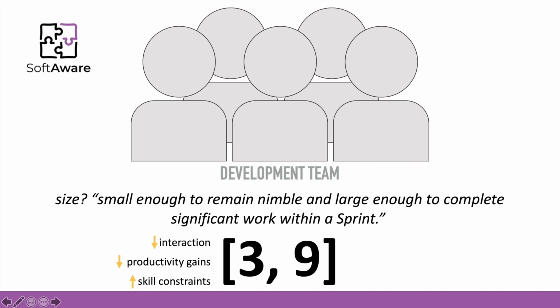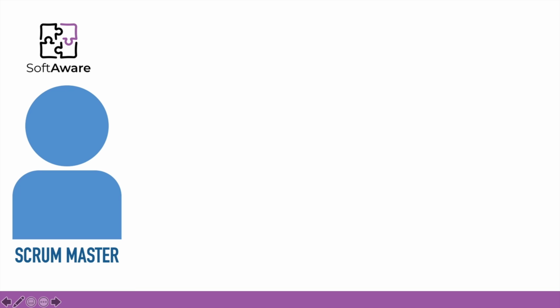And the skill constraints are enlarged because if you have fewer people, you don't have the cross-functionality that should be addressed inside of a self-organizing team. If you have a number that is larger than 9, on the opposite side, you are augmenting the coordination inside the team, and you are also augmenting the complexity inside of the team. So the size of a Scrum team should be between 3 and 9 people.